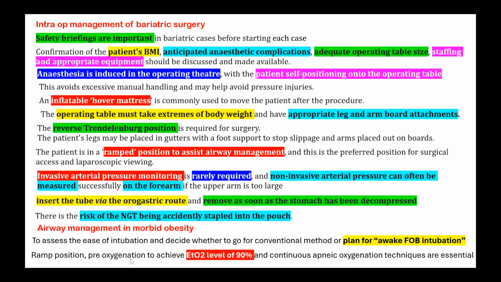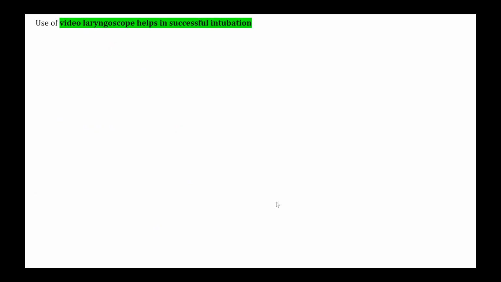And ramp position and pre-op oxygenation to achieve EtO2, not EtCO2, end tidal oxygen level of more than 90% should be achieved, and continuous apneic oxygenation techniques should also be followed in all cases, that is high flow nasal oxygen or Thrive. All these equipment to prolong the safe apnea period are very important in morbidly obese patients. And use of a video laryngoscope is helpful in successful intubation.